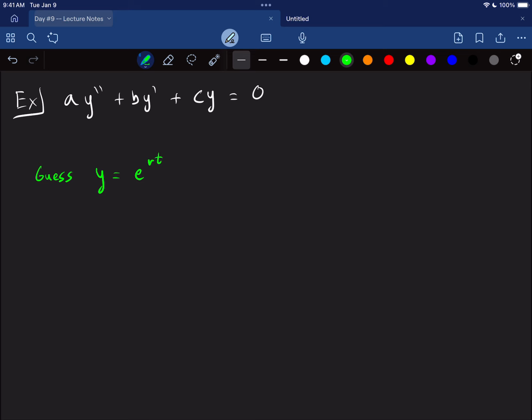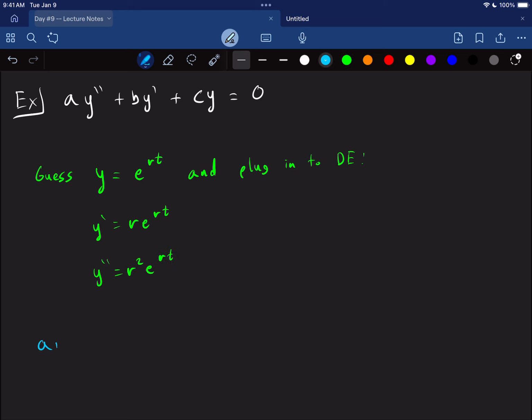So I am going to take y equals e to the rt, and I am going to plug it into this differential equation. And if I do this, well, I'll even note y prime is r e to the rt, y double prime is r squared e to the rt.